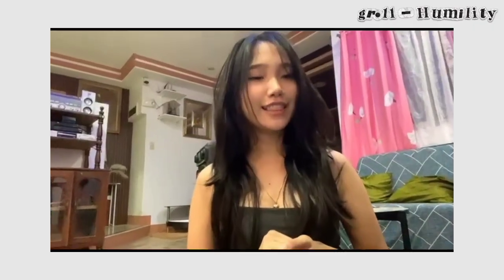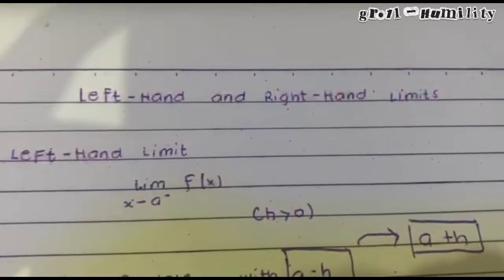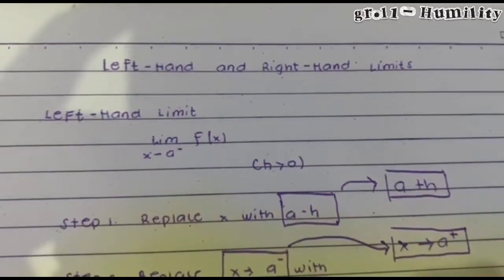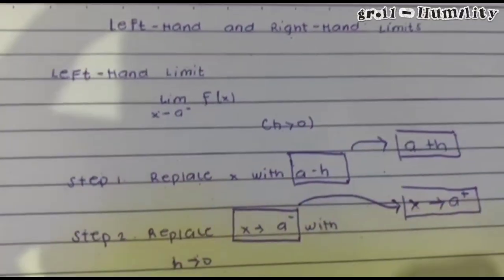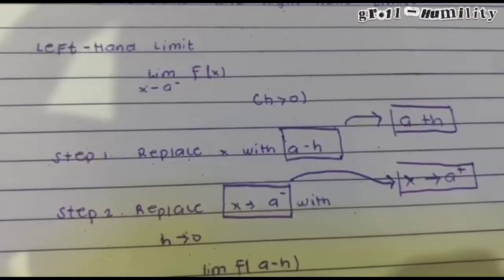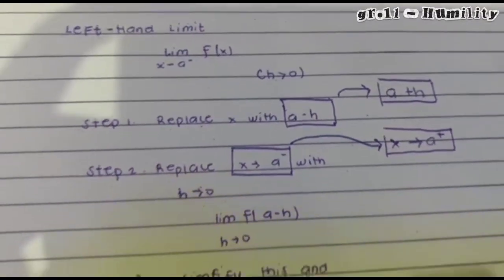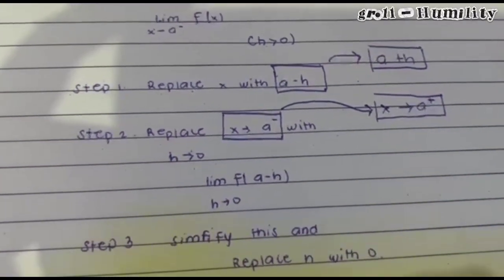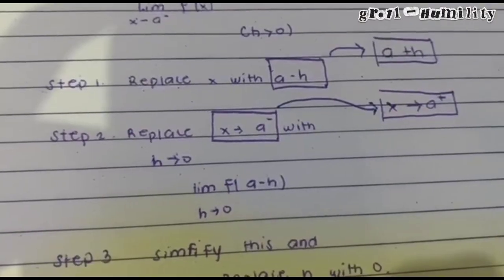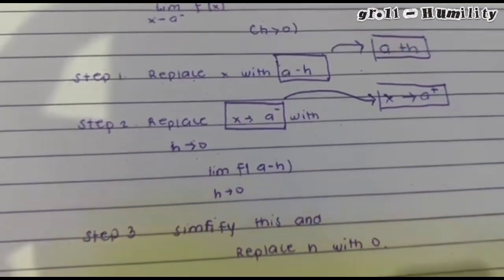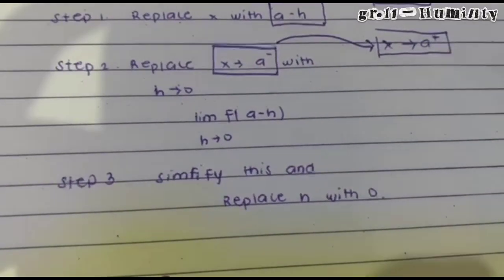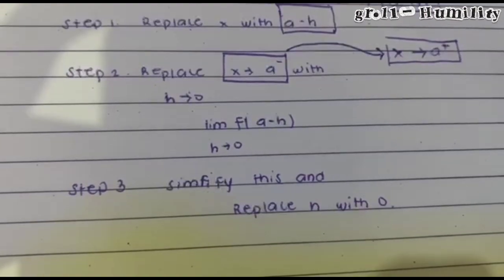How to find a left and right limit? So first, to find the left-hand limit of a function, limit as x tends to a minus of f of x, you will first replace x with a minus h, where h is a small number greater than 0, and then you will replace x tends to a minus with h tends to 0.